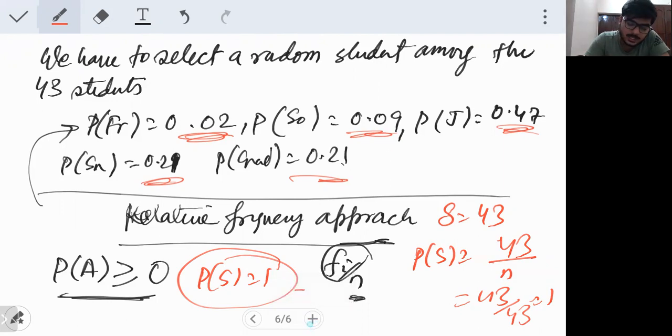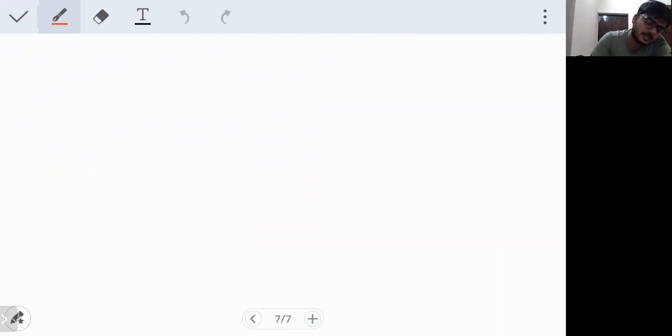Let's talk about the next case. The next case is the probability of unions. So let's take the probability of union if it is mutually exclusive. You can take it as a sophomore and junior.